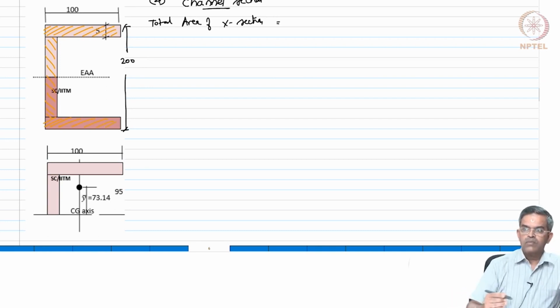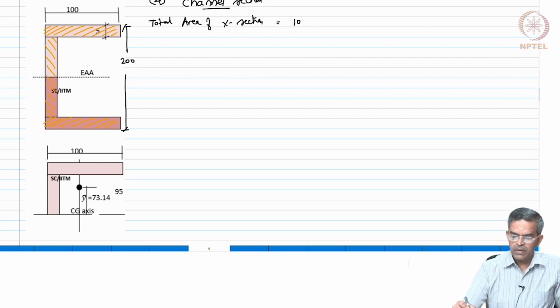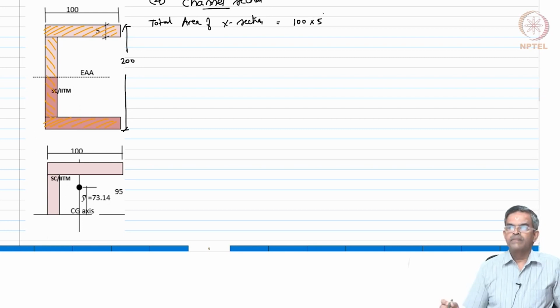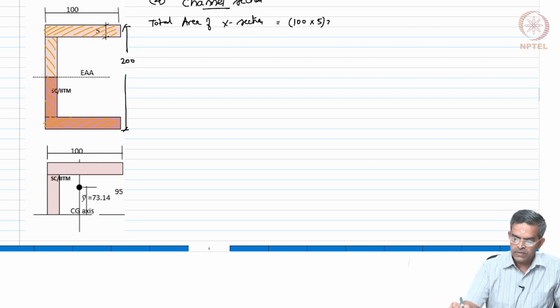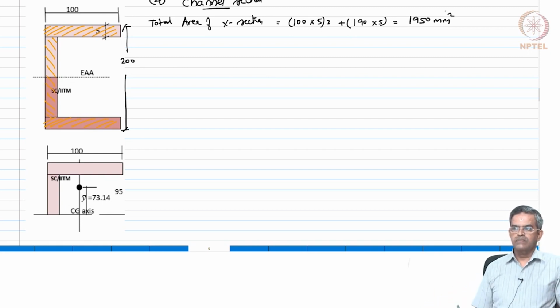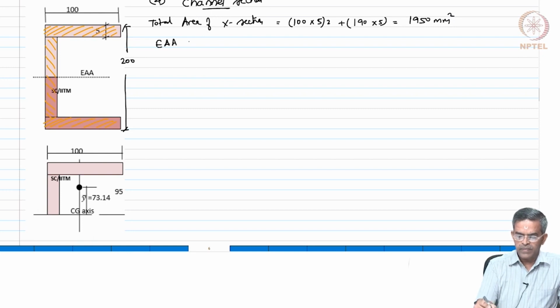So, which is going to be now 100 into 5, there are 2 such pieces, plus 200 minus 10, so 190 into 5. So, the total area becomes 1950. Since the section is symmetrical, equal area axis passes through the CG.